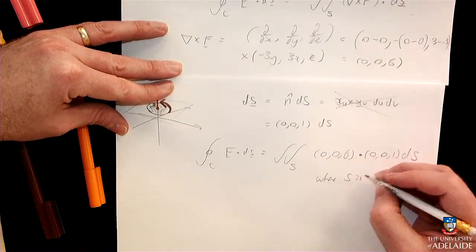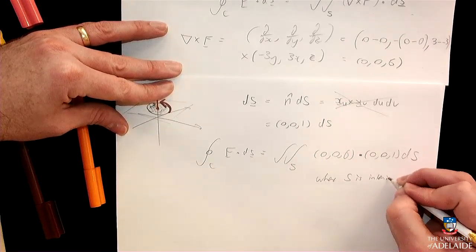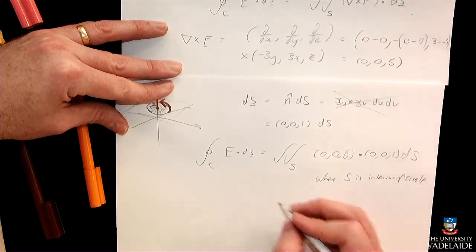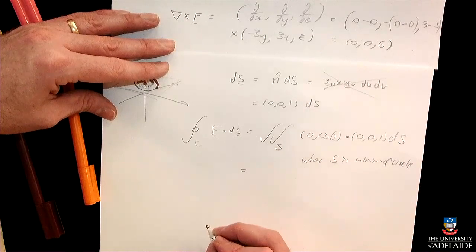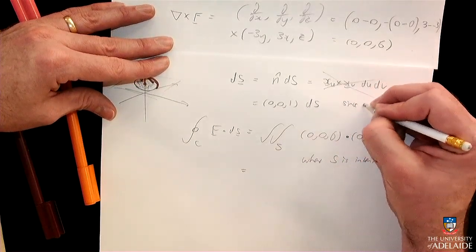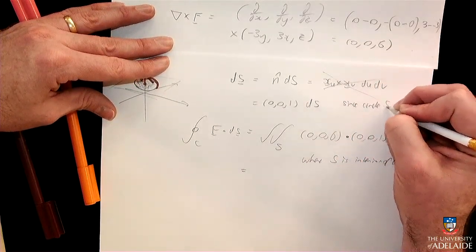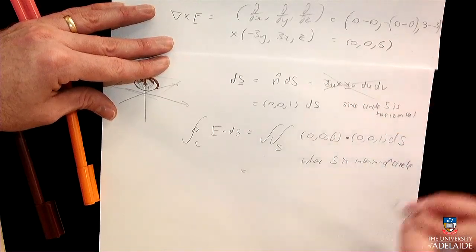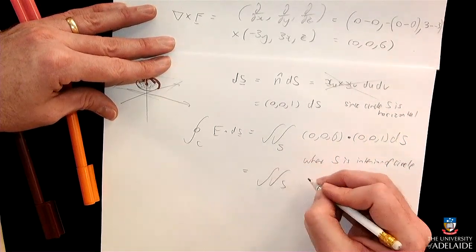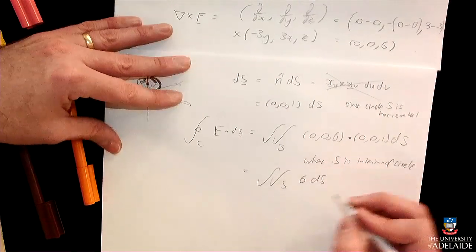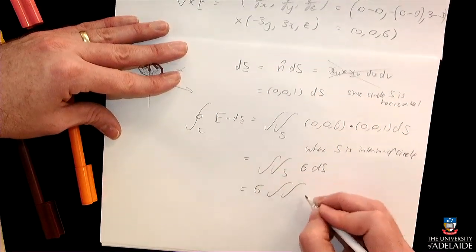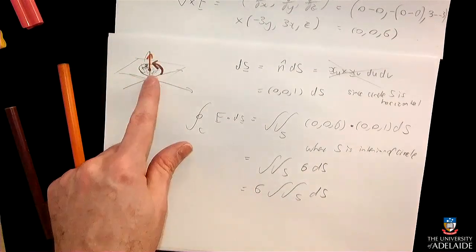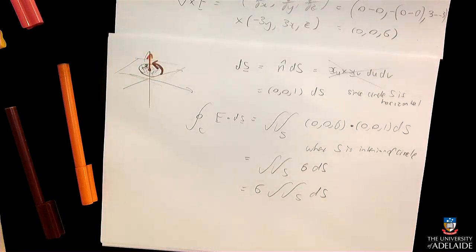Where S is the interior of the circle. Okay. Is horizontal. And so that's 6 dS. Oh, look at that. Which is the surface area of this thing, which is a circle of radius 2.